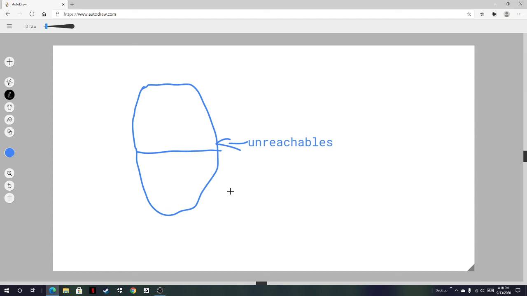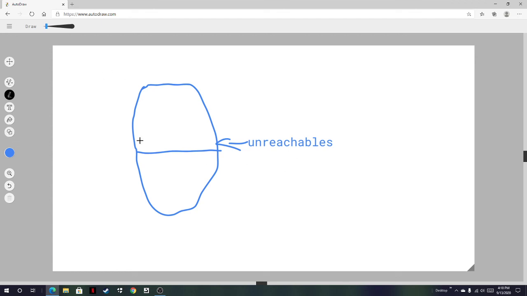Unreachables are like space. You're probably never gonna be there. And if you do, then it's most likely hypothetical. And in this case it is hypothetical because, again, they're unreachables.